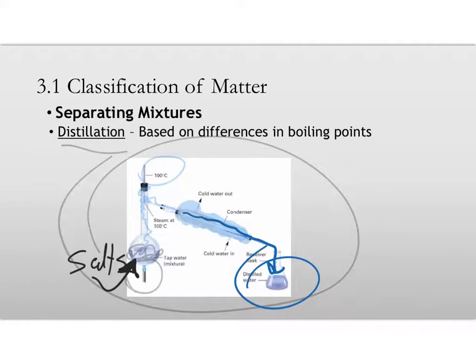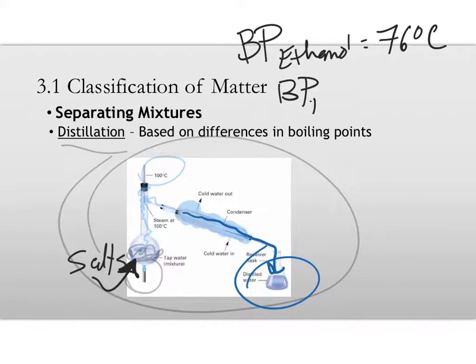So the boiling point of ethanol is around 78 degrees Celsius, and the boiling point of water is 100 degrees Celsius. So as you heat up the solution of those two, the ethanol with a lower boiling point is going to get into the vapor phase before water does. If you're heating it up and it's at 78 degrees Celsius, that's not enough energy to boil or vaporize water.